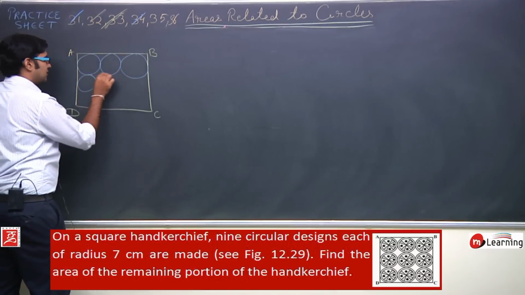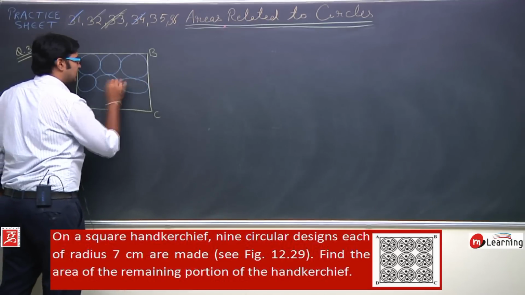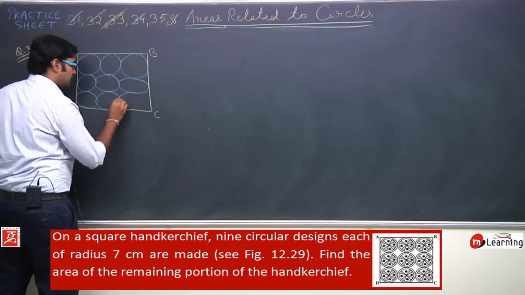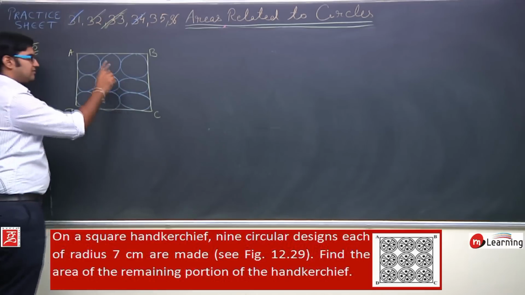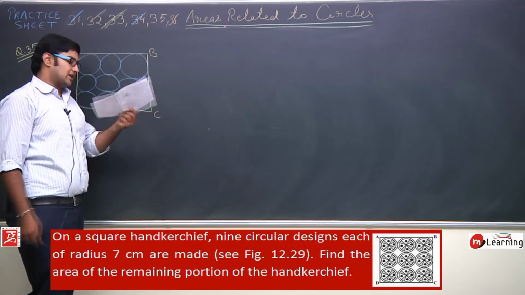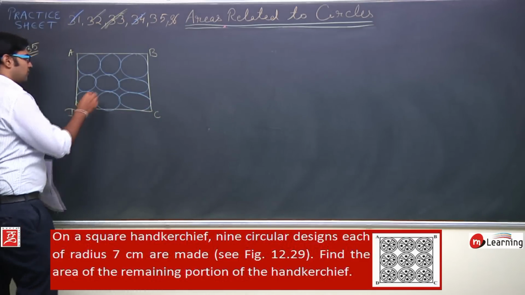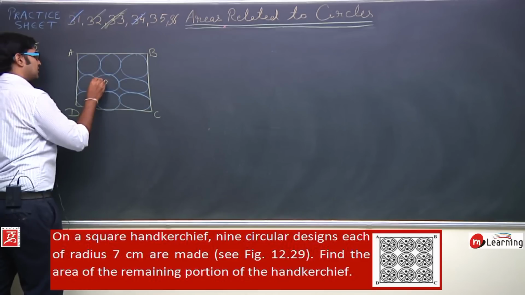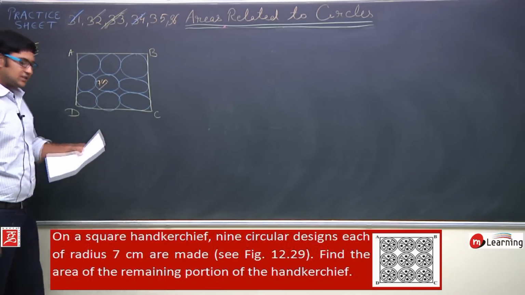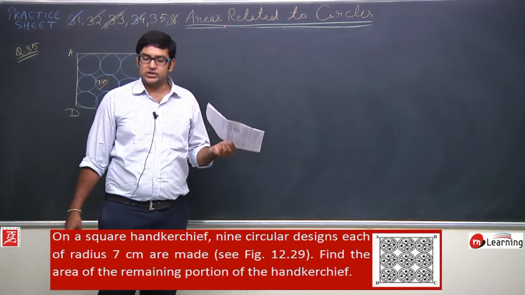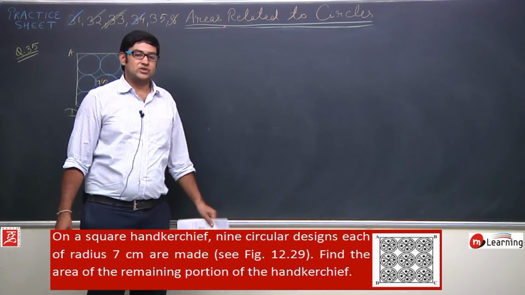So in this manner, we have drawn 9 circles. You can assume that they are circles. So like this, we have 9 circles, and each circle has a radius of 7 centimeters. I need to determine the area of the remaining portion. Now what is the area of the remaining portion?